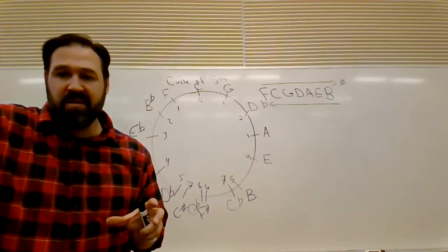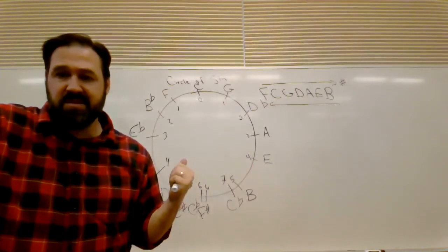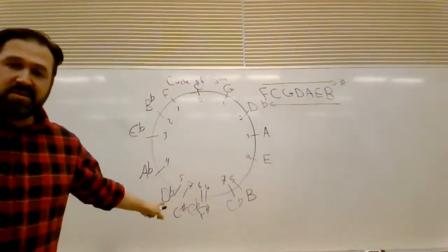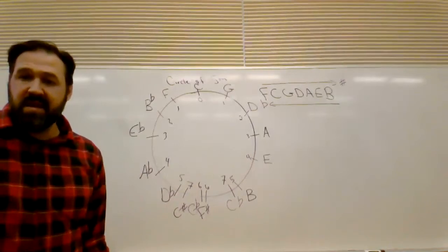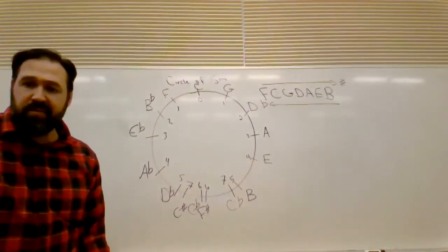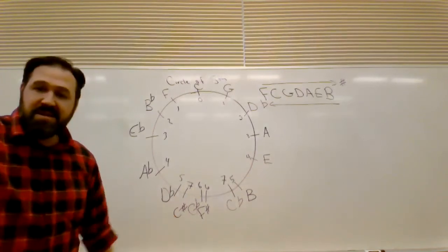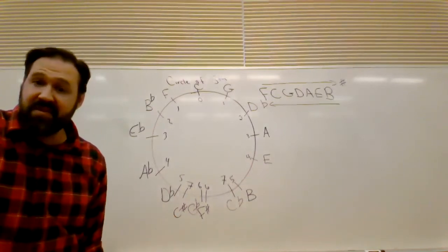That's enharmonic notes. They're written differently, but they sound the same. The same thing goes for key signatures. And here it is. D flat major uses 5 flats, but it sounds the same as if I were to write the key signature for C sharp major, 7 sharps.